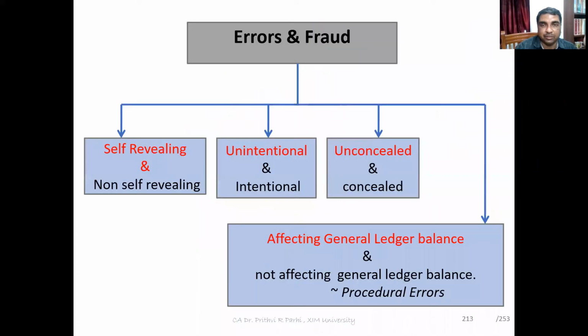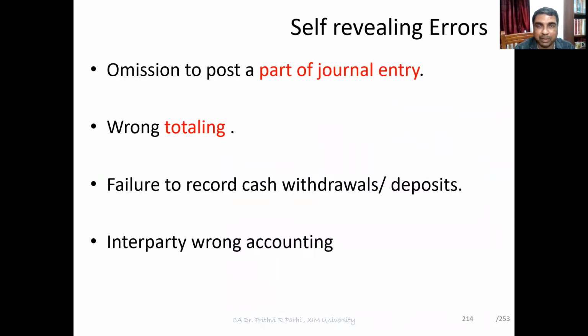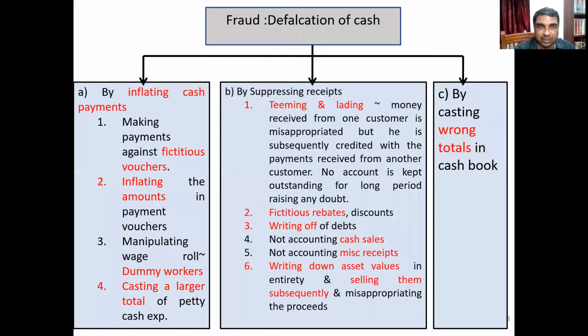Okay, so earlier, if I share the screen with you right now, we have also understood these various types of error or fraud, like self-revealing error or fraud, intentional error, unintentional error or fraud, or unconcealed or concealed error or fraud, and errors and frauds which are affecting the general ledger balance and which are not affecting the general ledger balance can be called procedural errors also. This is one way we can classify. We have discussed all these things, right?